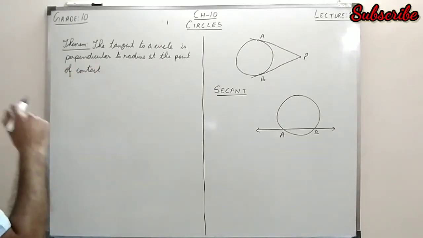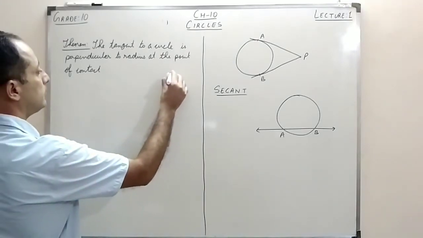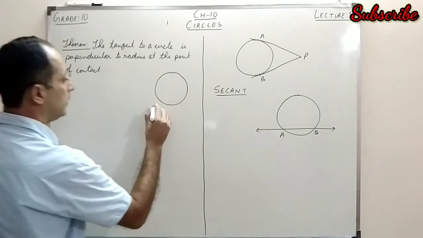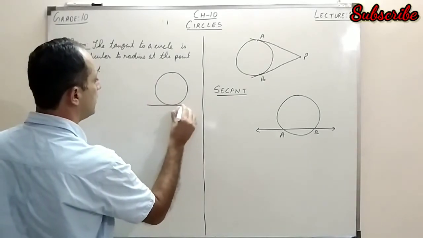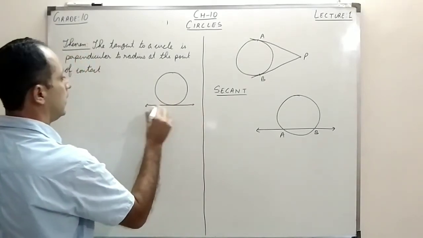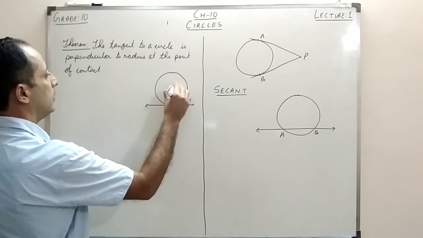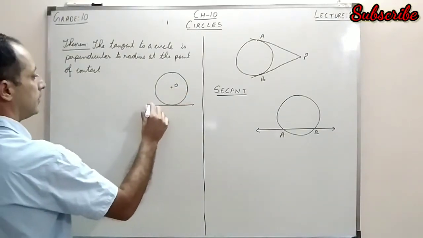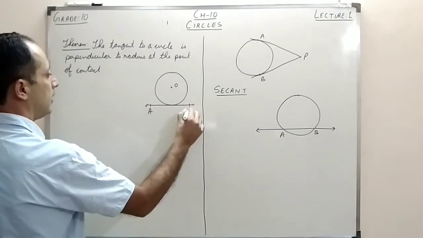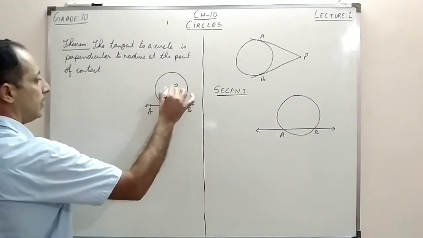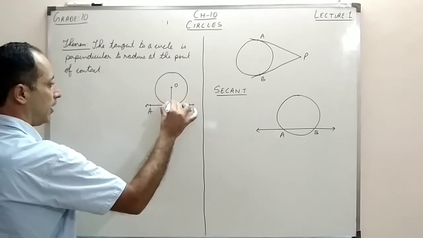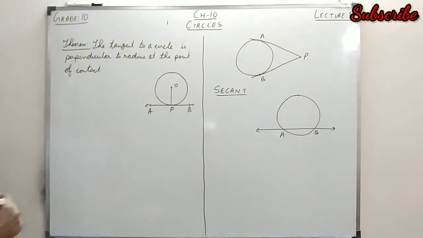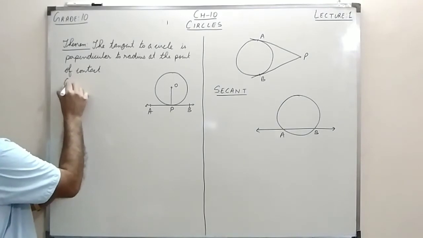Now let's draw a circle first. So this is the circle. We draw a tangent here. This is the center O. So this is tangent AB, and let's mark this point of contact as P. So OP is the radius of the circle. Now what is given to us?